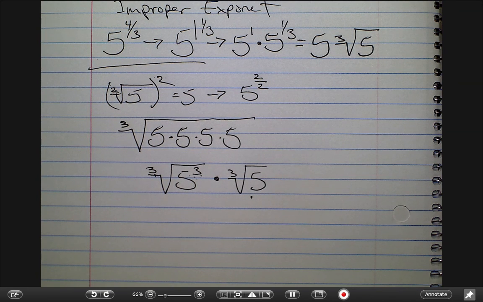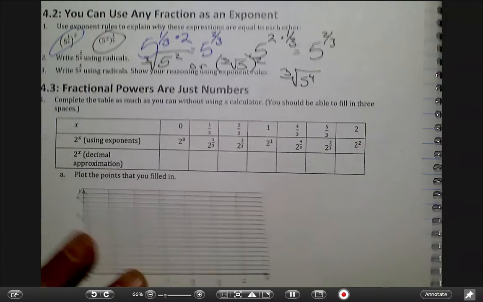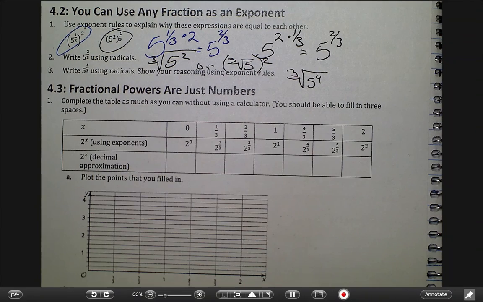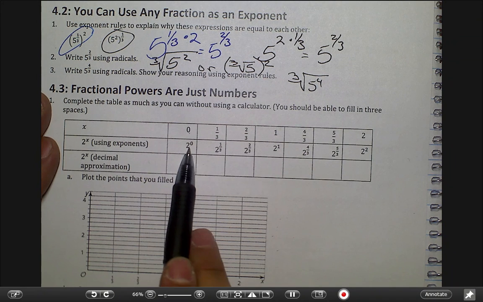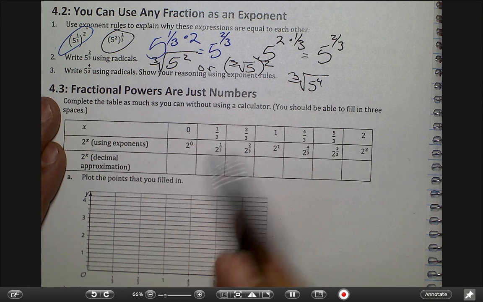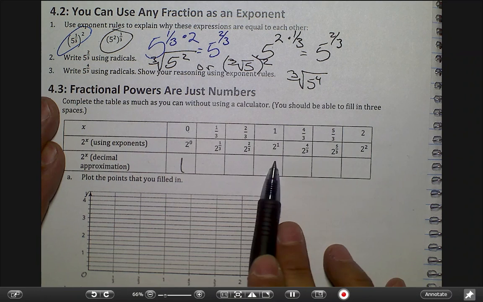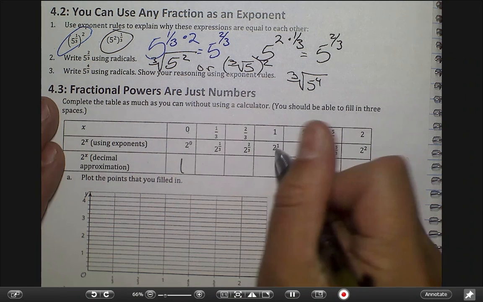All right, so let's take a look at, where are we at here? Okay. So for this, we're going to go through and fill these out. So if x is 0, 2 to the 0, and anything to the 0 power is 1. Okay, let's go to this one over here. What's 2 to the 1st power? 2.